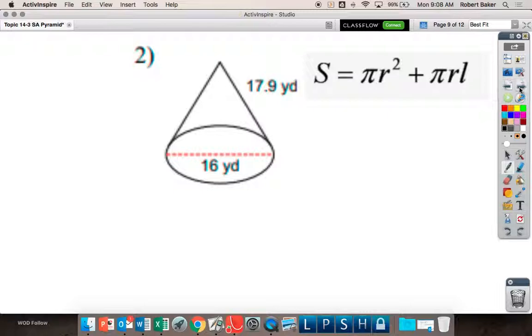So let's look at this one. What's the only way I'm trying to trick you on this one? There's a diameter. It gives you a diameter instead of a radius. So if the diameter is 16, what's the radius?